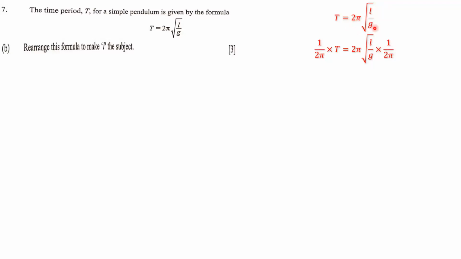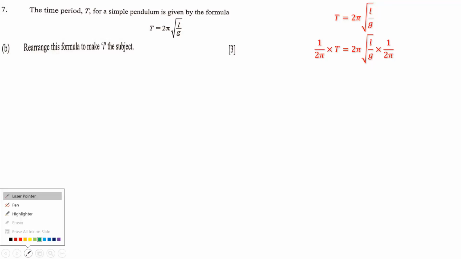The reason why we're multiplying by 1 over 2 pi is because we want to get rid of this 2 pi. The way to get rid of this 2 pi is by multiplying by its opposite, 1 over 2 pi.